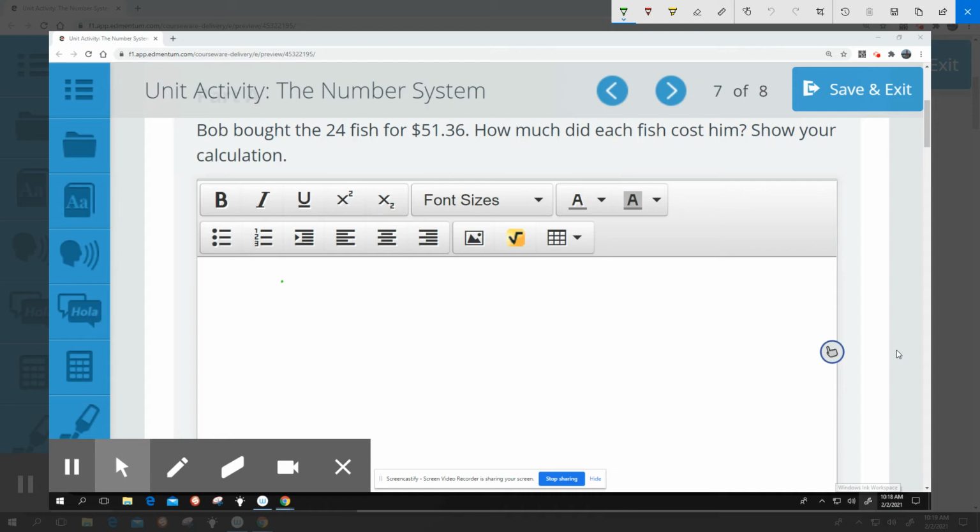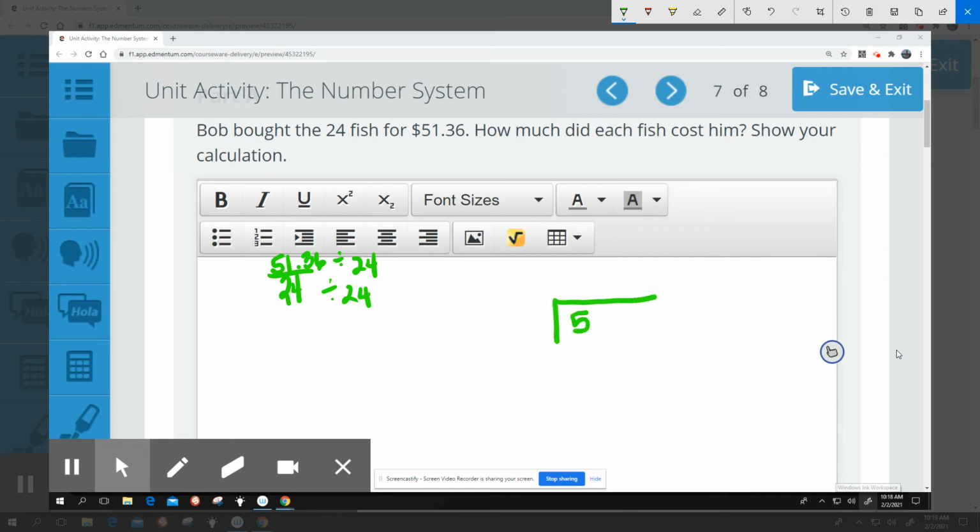Okay. So we have 24 fish for $51.36. If we want to find the price per fish, we need to divide by that second term. That's the unit rate information. So that's what we learned in Unit 1. What we learned in Unit 2 was the division itself, right?